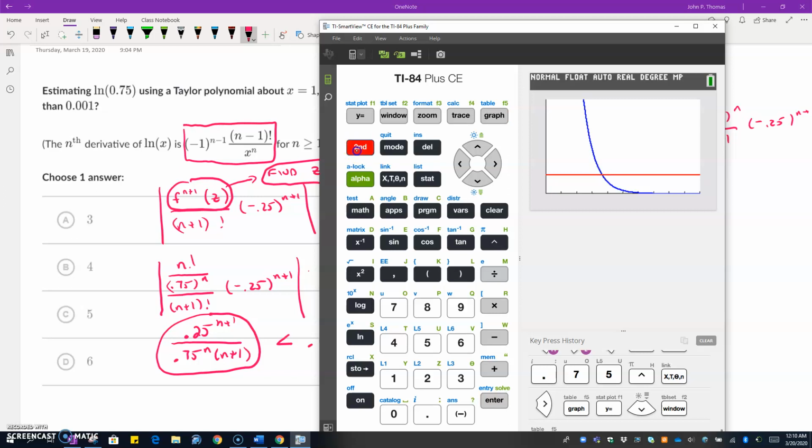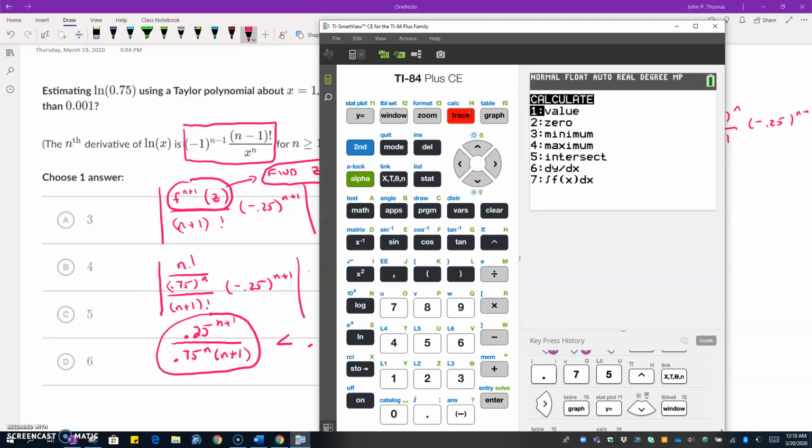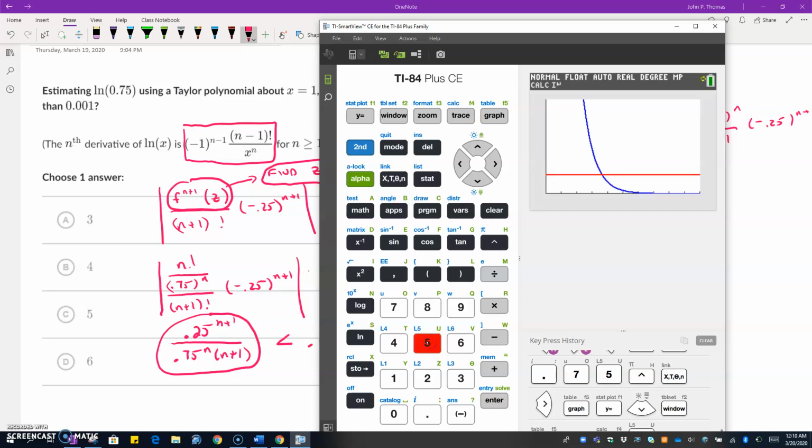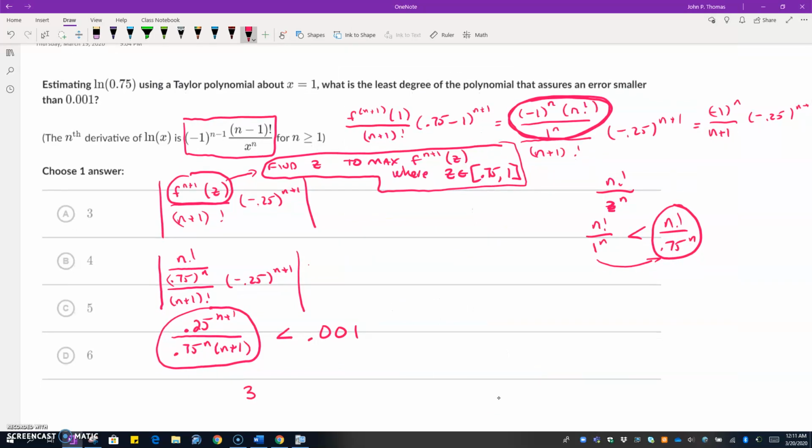So we want to find that, so we're going to go second, trace. We're going to choose intersect, which is 5. There's only one intersection point on the screen, so I'm just going to hit enter 3 times. All right, and it thought for a little bit, and it tells us 3.631.